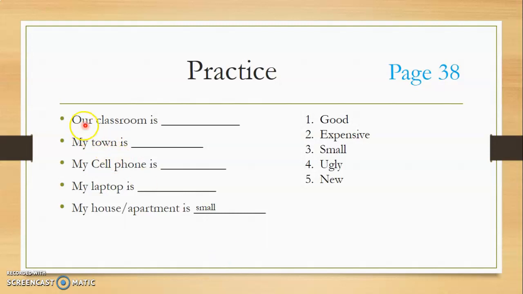So I think that our classroom is good. Our classroom is good. Everybody repeat after me, please. Our classroom is good. And now, my town means mi colonia, mi barrio, okay?